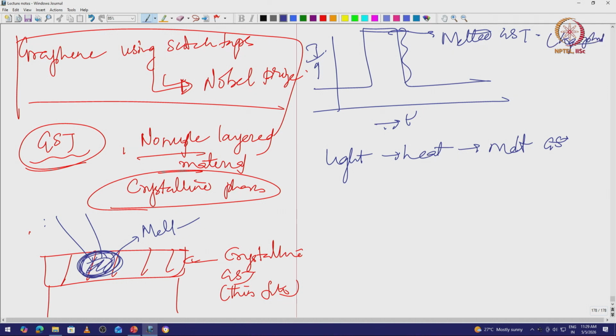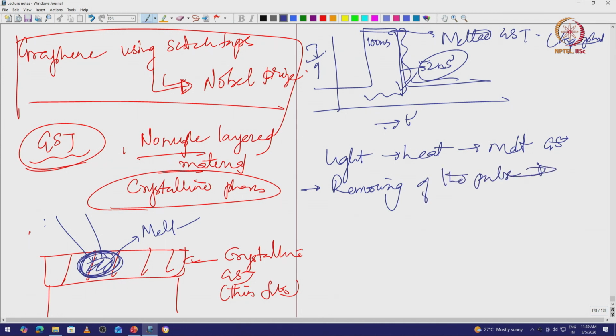Now, once this pulse is removed, let us say this is a nanosecond pulse. So if this is some 100 nanoseconds, it is removed in 2 nanoseconds. And this removing of the pulse also means I am removing the heat, suddenly.